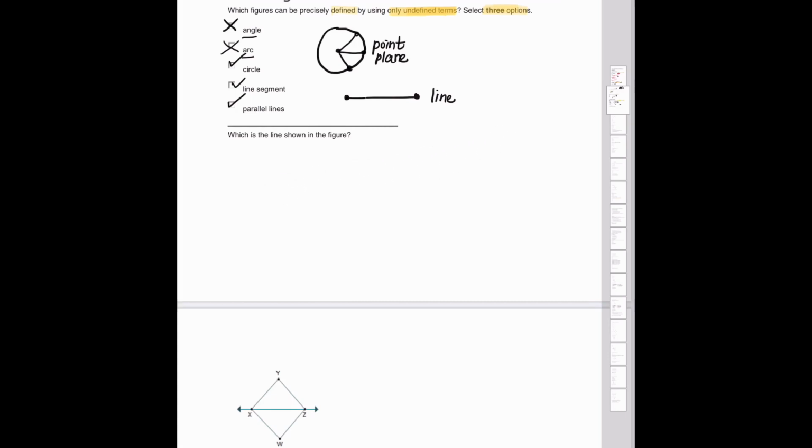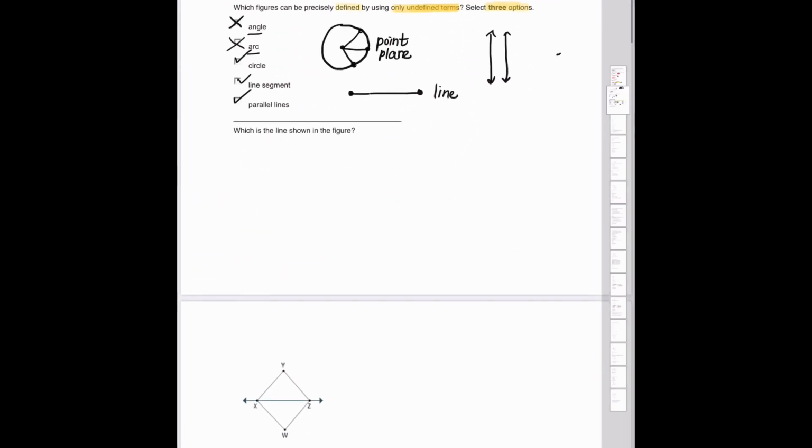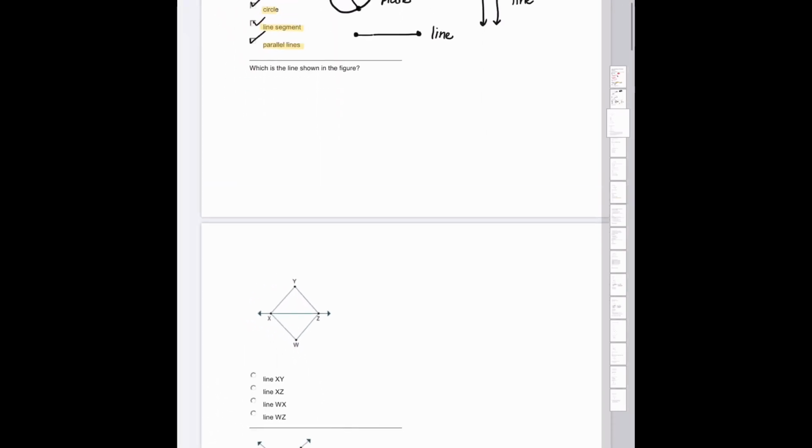We also learned that parallel lines are two lines that never intersect. Again, we are using the undefinable term line. Therefore, it's reasonable to conclude that circle, line segment, and parallel lines are three definable terms that only use undefinable terms in their definitions. Let's look at the next question.